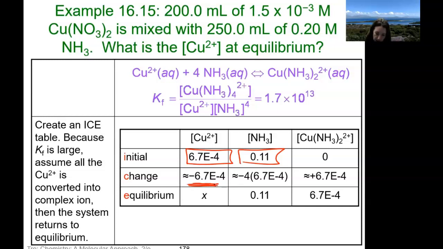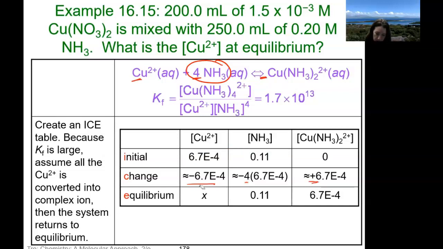Our NH3 is going to go down by 4. And again, it's because of this, remember? This should bring you back to the first day of class. This concept right here where there's 4 of these, it goes down by 4 of these, is from the very first day of class when we started equilibrium, right? And then this is going to go up by 1. And again, these are coming from the stoichiometric coefficients.